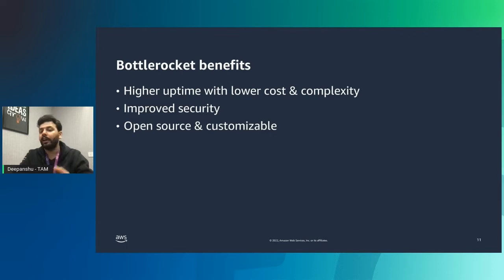And also if we compare it with Linux, let's say I have two T3 medium instances. On one I have Amazon Linux 2, and on another one I have Bottlerocket. Now in Bottlerocket, I only have specific software, but in Linux there is other general purpose OS software also running.